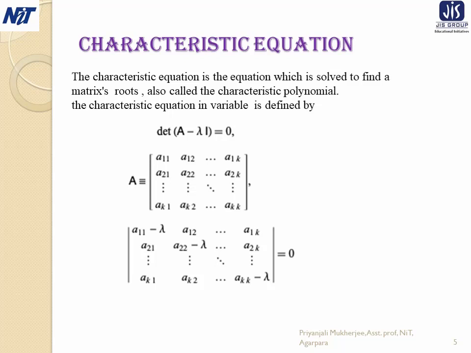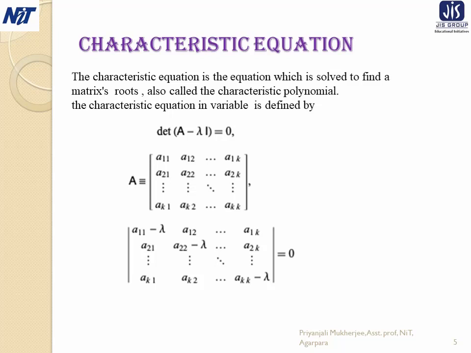As the right hand side is 0, we can write in the same way determinant of lambda I minus A is equal to 0, where A is the system matrix, and this A can be calculated from the state equation of the given system.